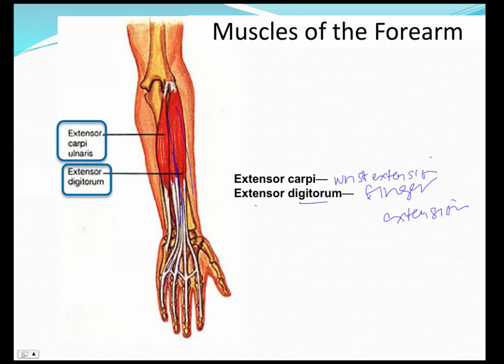So as this contracts, you're going to pull your fingers towards that direction. We have extensor carpi ulnaris because this is going to be closer towards our ulna. So as this contracts, it's going to pull our wrist towards the back of our arm.